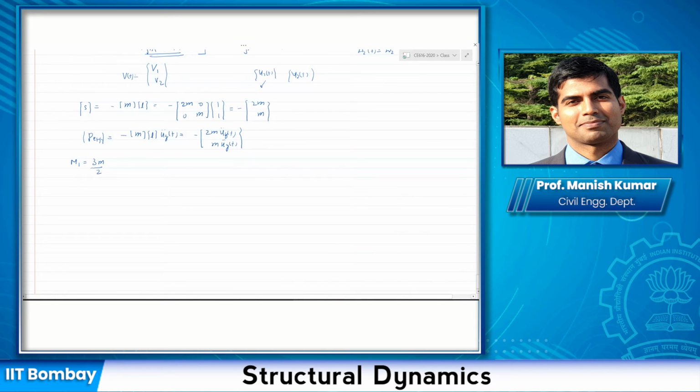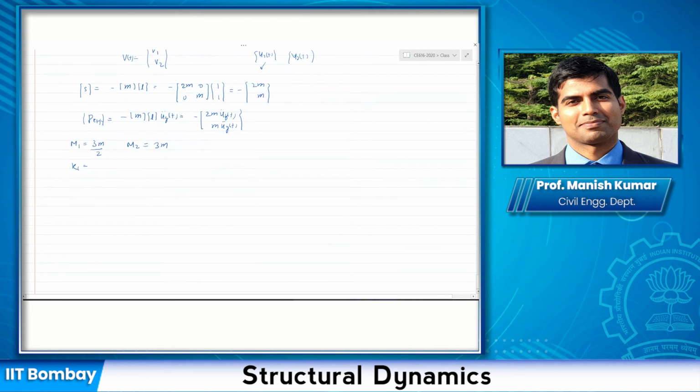How about M2? 3m. How about K1? I think 3k by 4 and 6k, right? Correct me if I'm wrong.